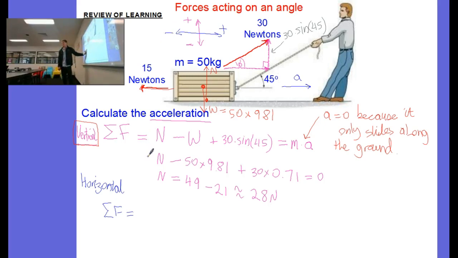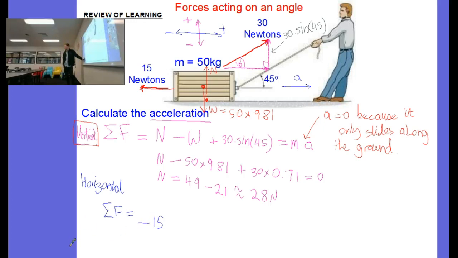Does that make sense? So if I'm applying that to this diagram, my net force, I've got 15 newtons in this direction. How should I be writing that in my net force expression? Negative 15. Very good.